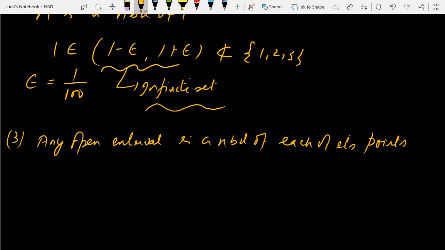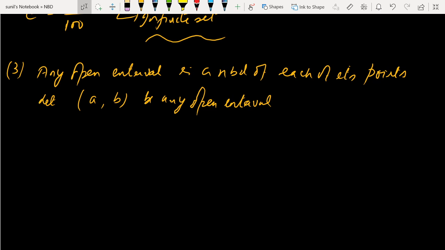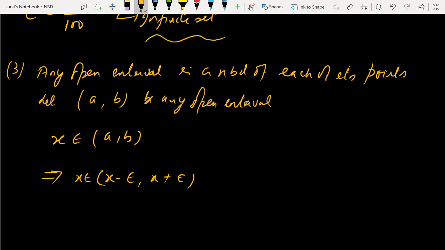The reason is very simple. Let (a, b) be any open interval. Now see, if there is a point x belonging to this open interval, then certainly you can say that (x minus epsilon, x plus epsilon) is there, and it is contained in it.